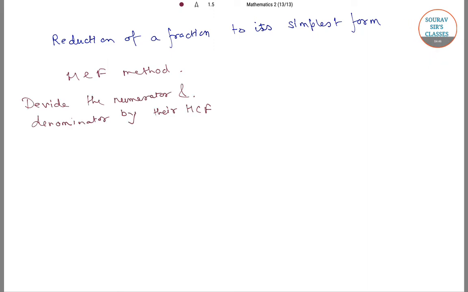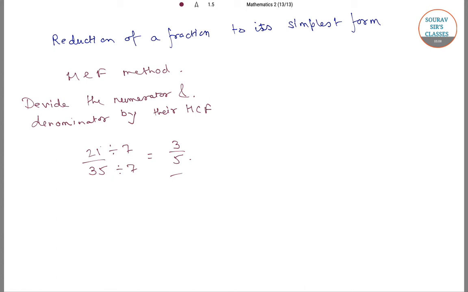For example, we have to reduce 21 by 35 to its simplest form. The highest common factor of 21 and 35 is 7. So we divide both numerator and denominator by 7 to get the answer as 3 by 5. So it is the simplest form of 21 by 35.